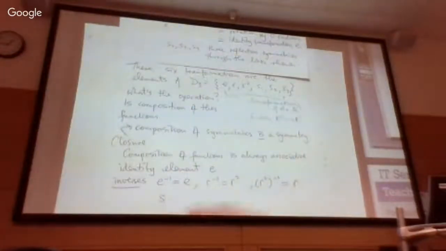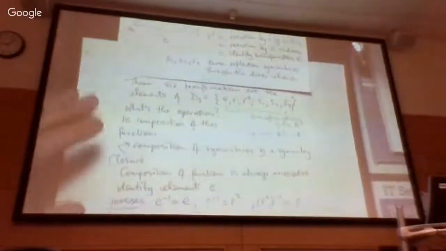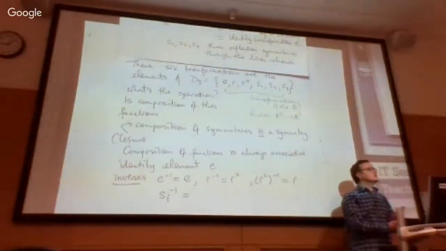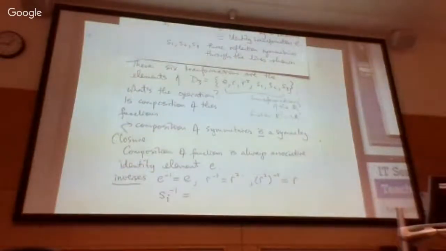What about the reflections? What's the inverse of a reflection? If I reflect the whole plane in a line, how do you get every point back to where it was? How do you get the identity transformation? By composing the reflection with another transformation.